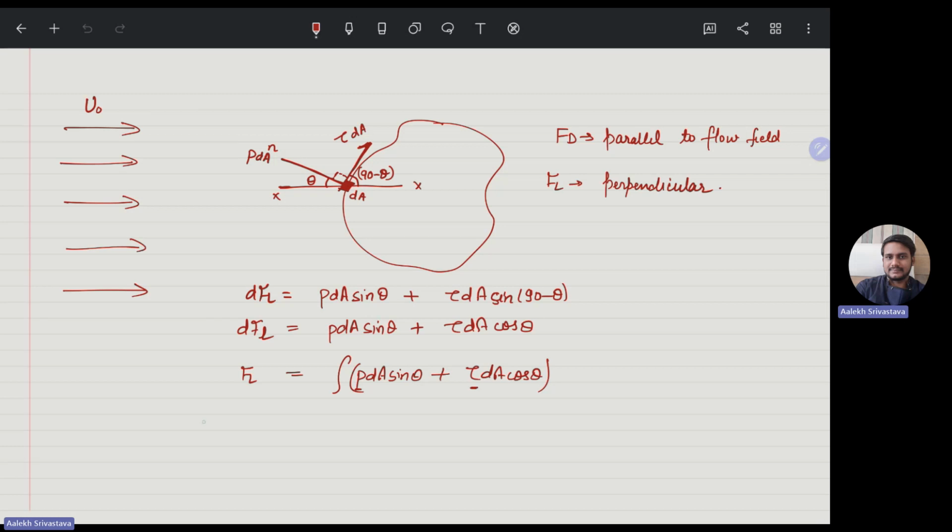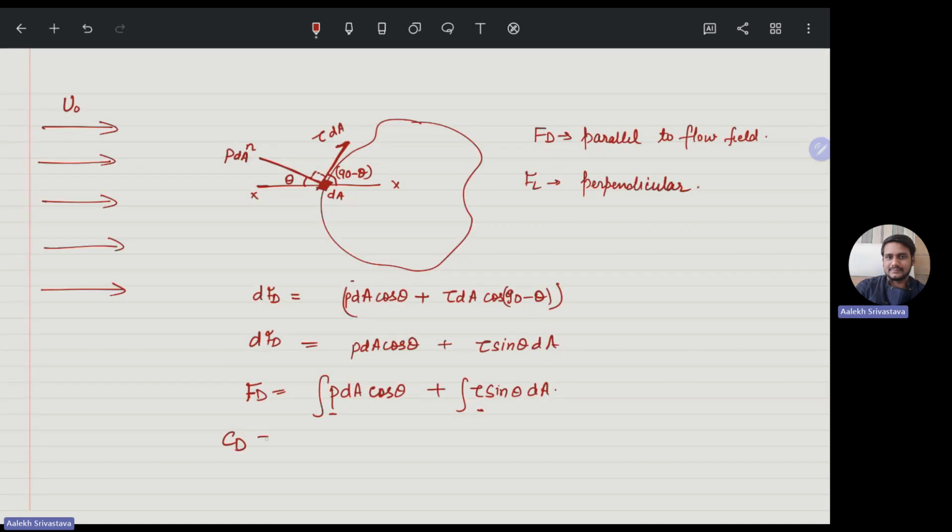Then you have a coefficient of drag. Coefficient of drag is defined as the drag force divided by half rho u square A. This is none other than the inertia force.